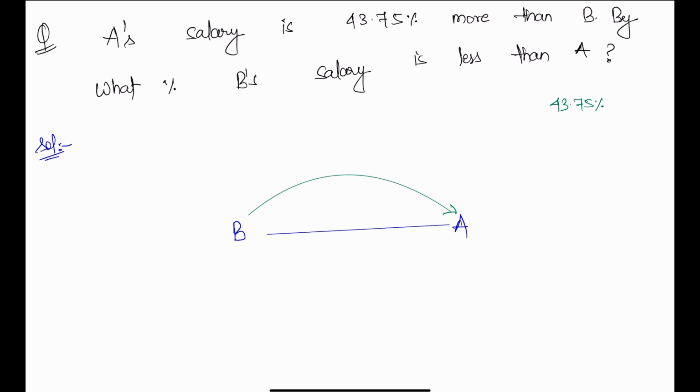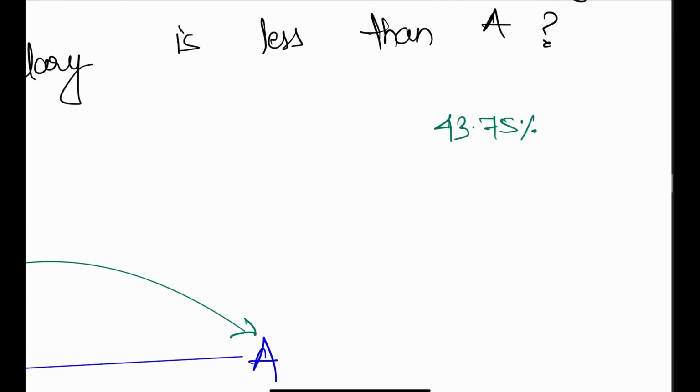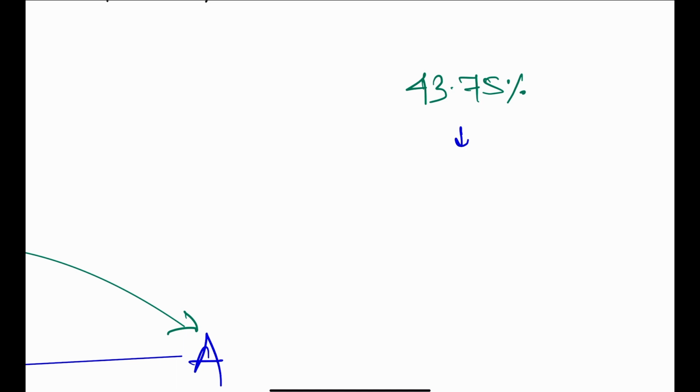So 6.75, if you multiply by 7, no, it won't work, not 16 will work. 43.75, let's first make it 40% and then 3.75%.